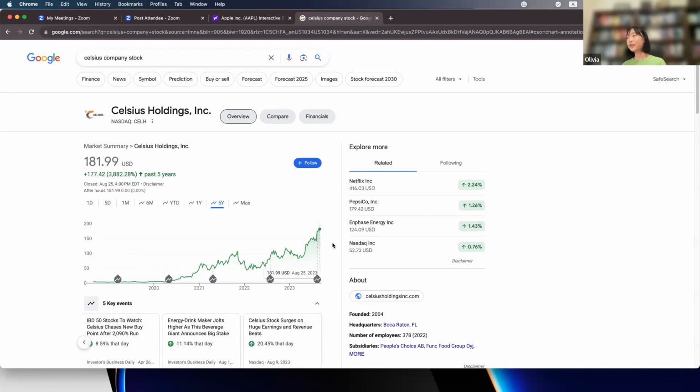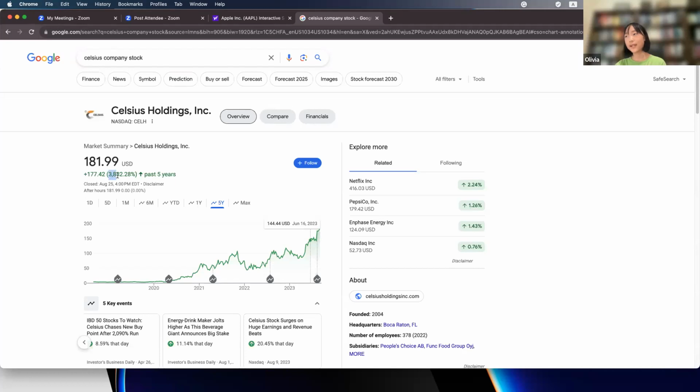And if you had bought this drink at Costco or somewhere else, my family bought it too, and I drank it before, except I didn't drink that much because it had caffeine. But if you had bought that drink and thought it was a good drink, because it is, and you'd done some research on the company, found out it had stock, and bought it around here, you could have gained so much money.